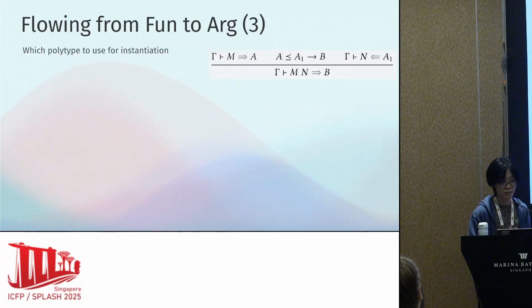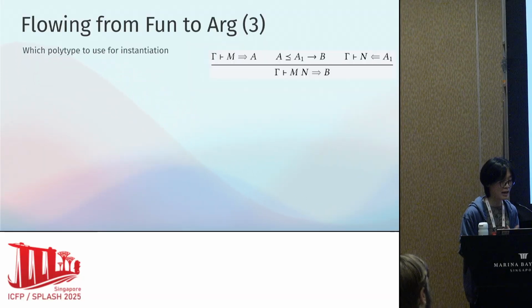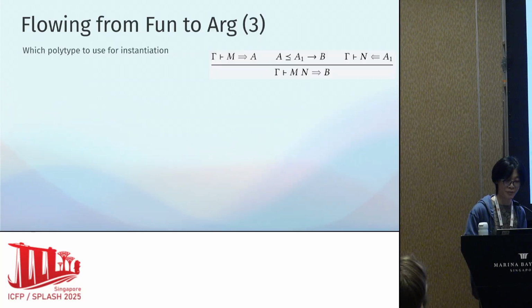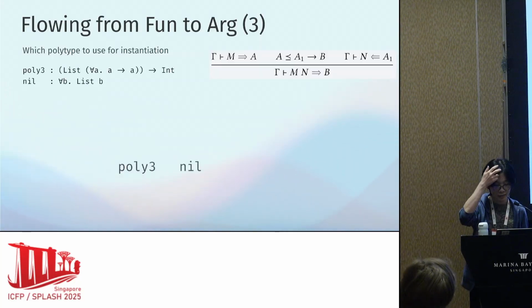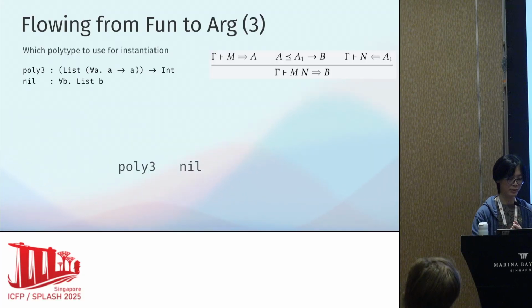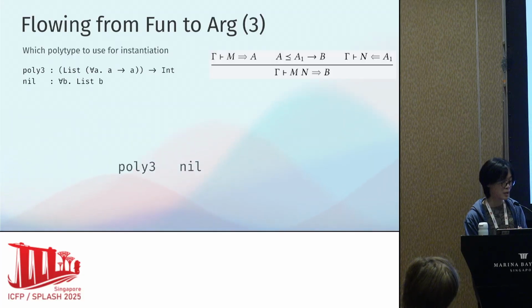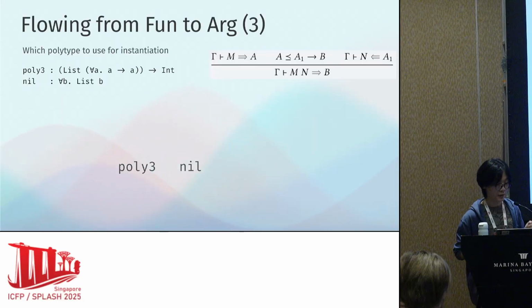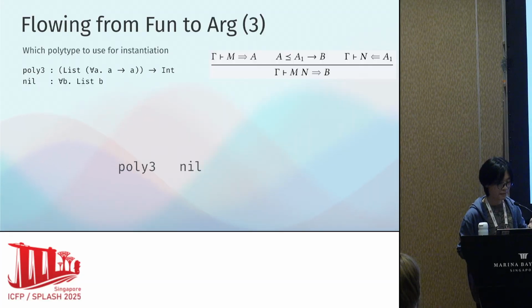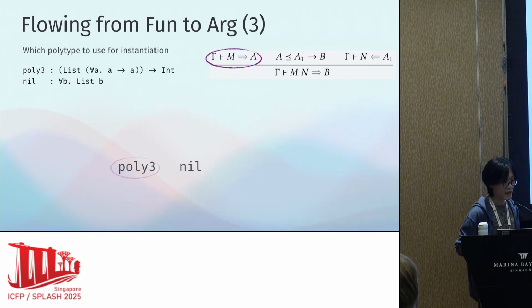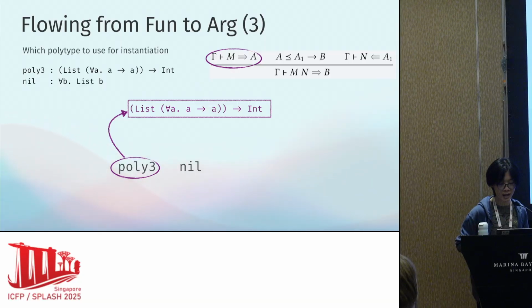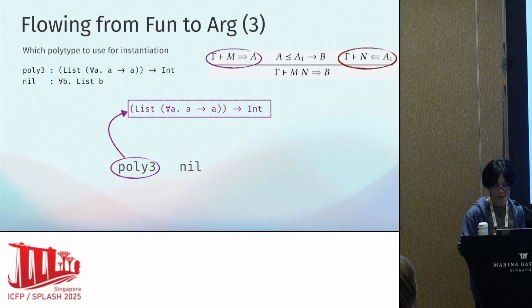And moreover, this information flow also tells us, if we want to do some instantiation, which polytype we can use. Supposing we have a poly3, which takes a list of polymorphic identity function and returns int. And we have nil, which is the empty list, polymorphic empty list. So we first infer the type of poly3, which gives us this type, and use the argument type of poly3 to type check nil.